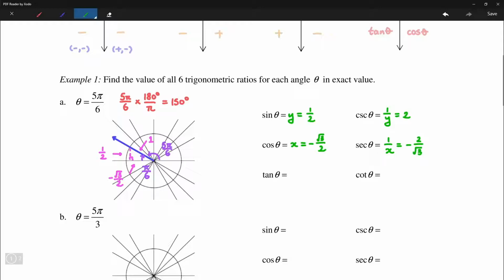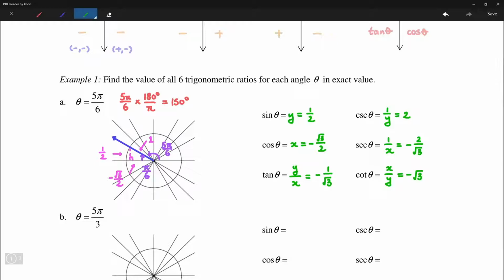Tangent theta is y over x. So that will be negative 1 over √3. And cotangent theta was x over y, or we can just take the reciprocal of the tangent theta value that we already found. So that will just be negative the square root of 3.